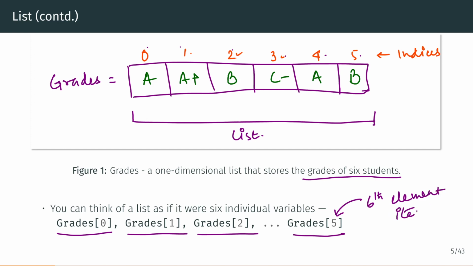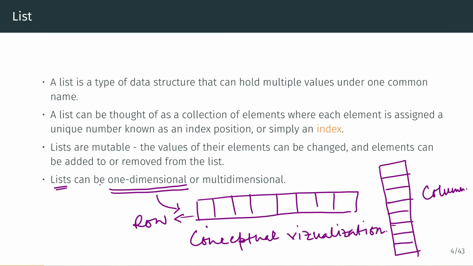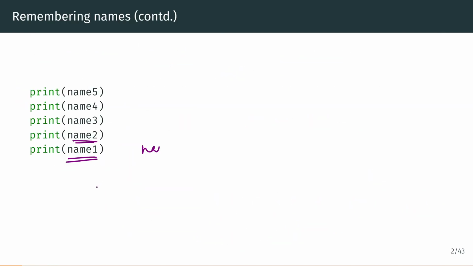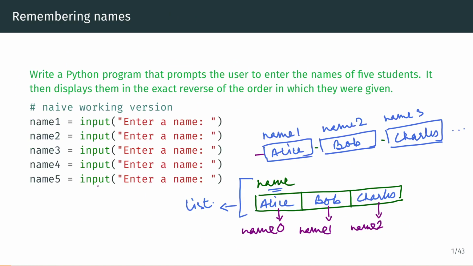The sixth item in the list would be referred to by the variable, conceptually speaking, grades 5. Just remember this notation. Previously, when we started talking about the premise of this data structure, we had the variables name1, name2, name3, name4, name5.